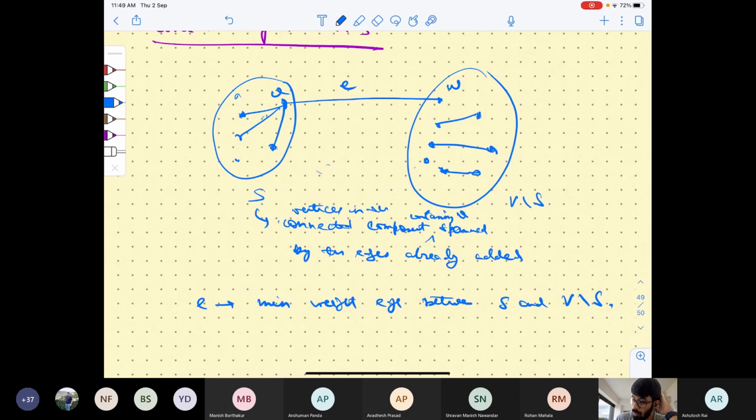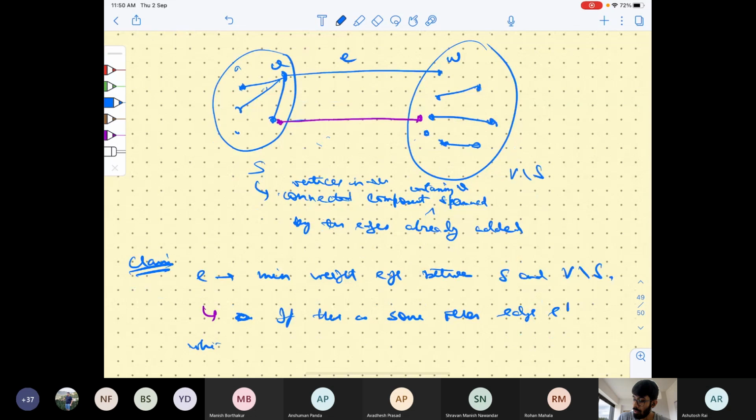Okay. So claim: suppose there was some other edge E prime of smaller weight.